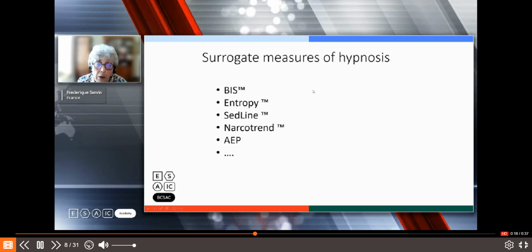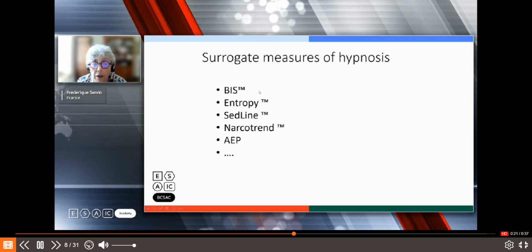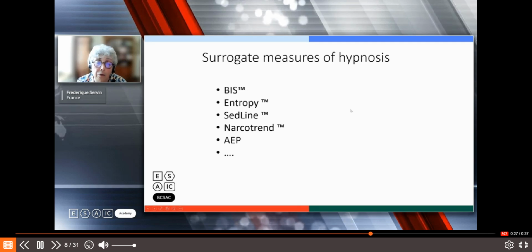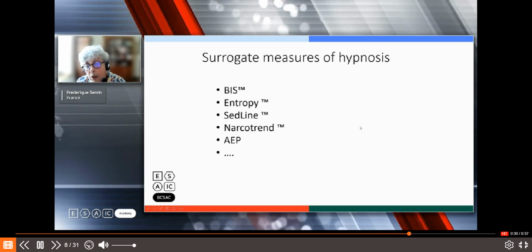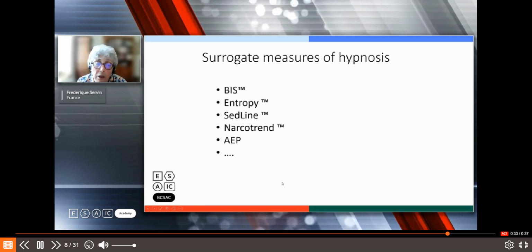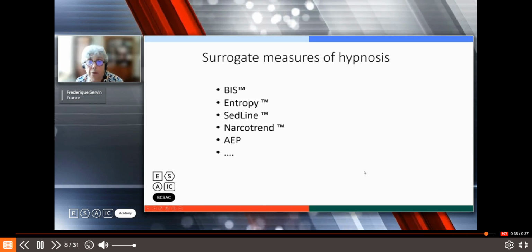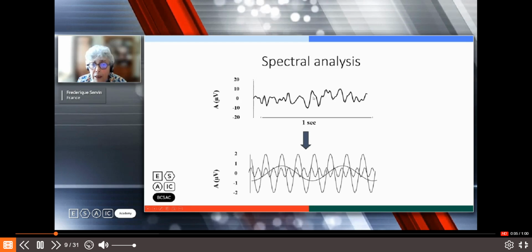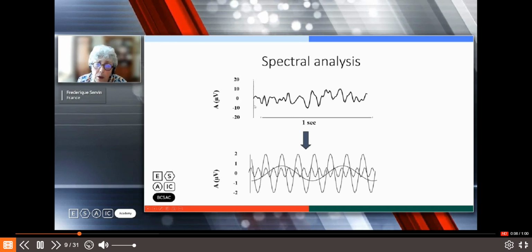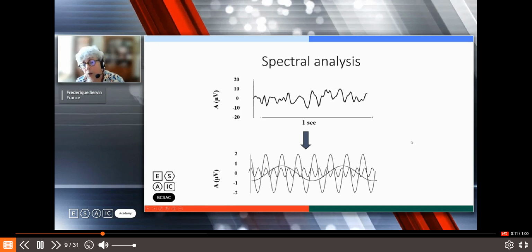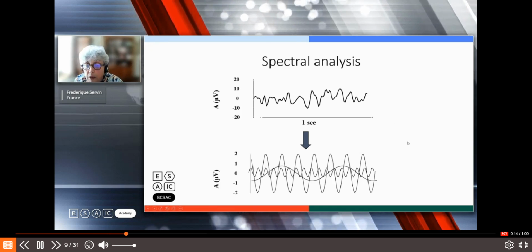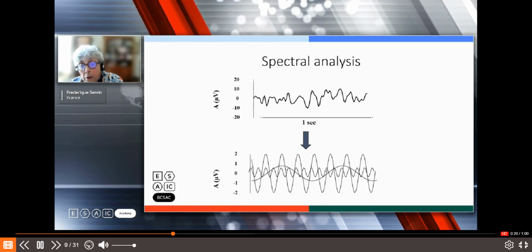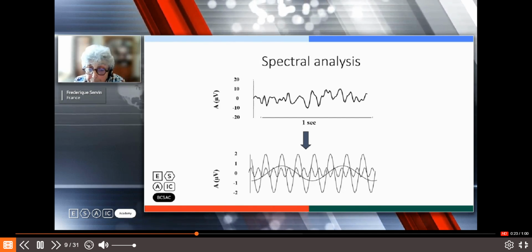The best known and one of the first ones is the bispectral index. There is also the entropy from GE, the SEDline, currently with Masimo, the Narcotrend, and the auditory evoked potentials. Most of these measures are based on spectral analysis. In spectral analysis, you decompose the raw EEG into a series of sinusoids, each one having its own amplitude and its own frequency.